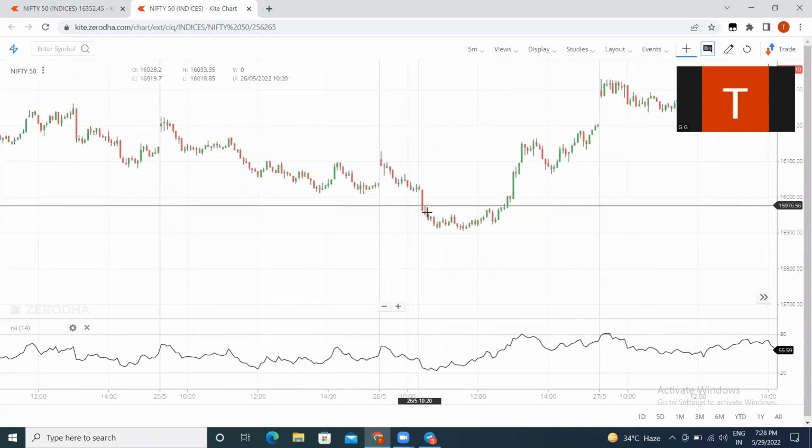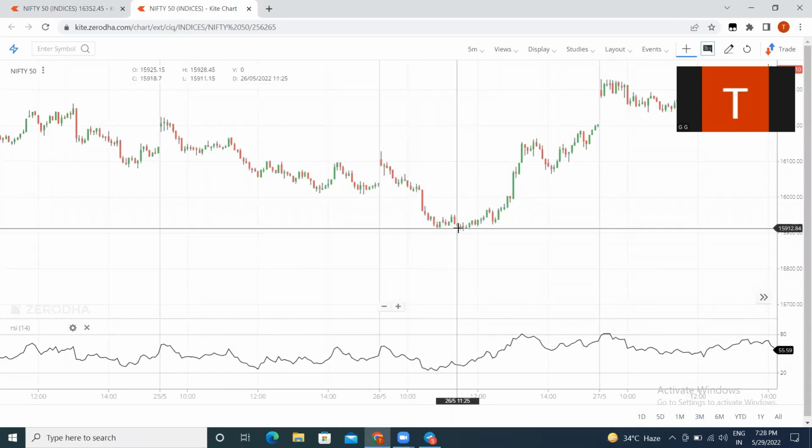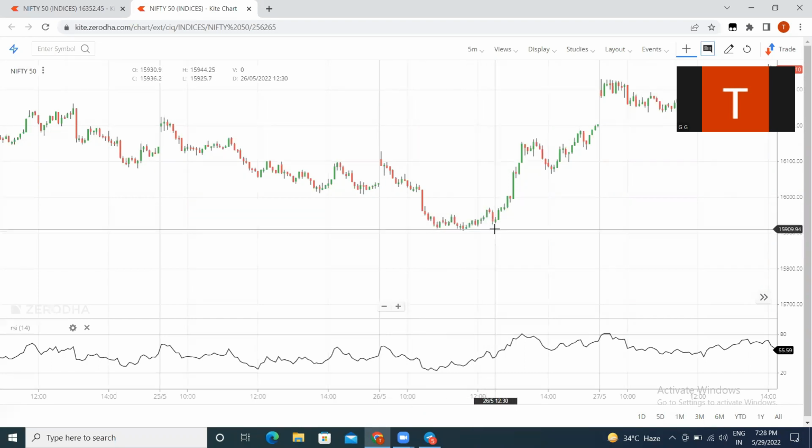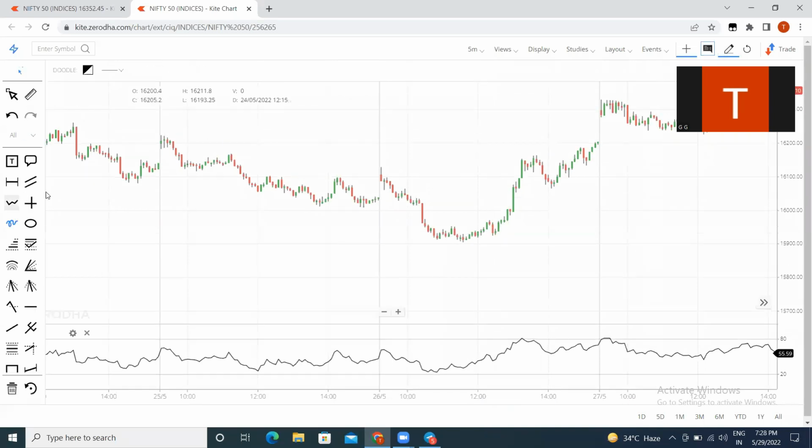Somewhere around the afternoon on 26th, I had predicted that the market will not fall below a certain level. So how did I do that? If you see on 26th, the market was continuously making a lower low, but see what the RSI was doing. When the market was here, RSI was here.